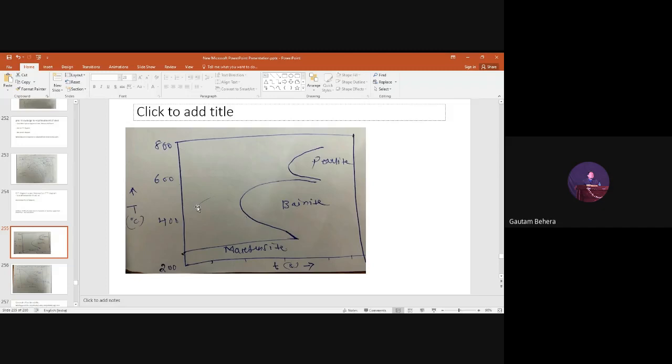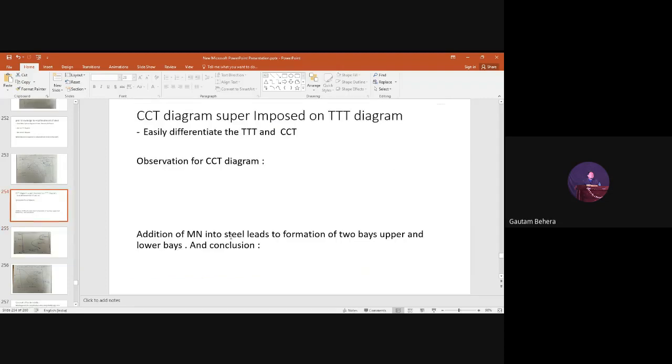That means addition of an alloying element leads to formation of two bays, pearlitic and bainitic, separating the TTT diagram into two bays. This is possible by addition of manganese. If you add even only 2% manganese into the steel, the TTT diagram will become two bays: the pearlitic bay, the upper bay, and the bainitic bay, the lower bay.